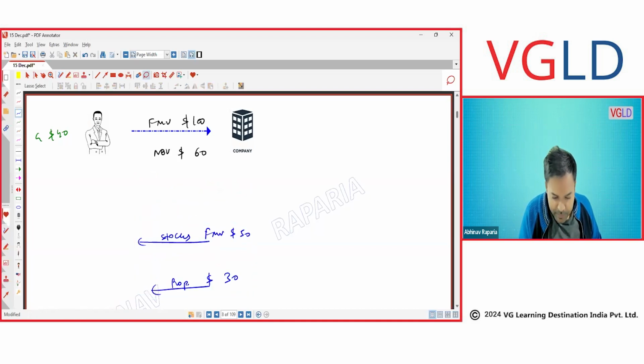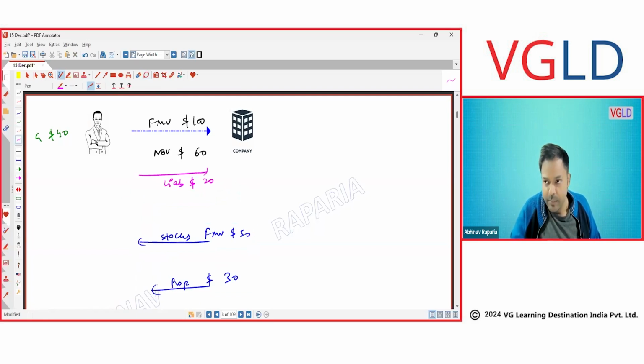Or let's say I am also giving my liability to the company, 20. Is the transaction equal? No, it is not equal. It's 100 and it's 50.